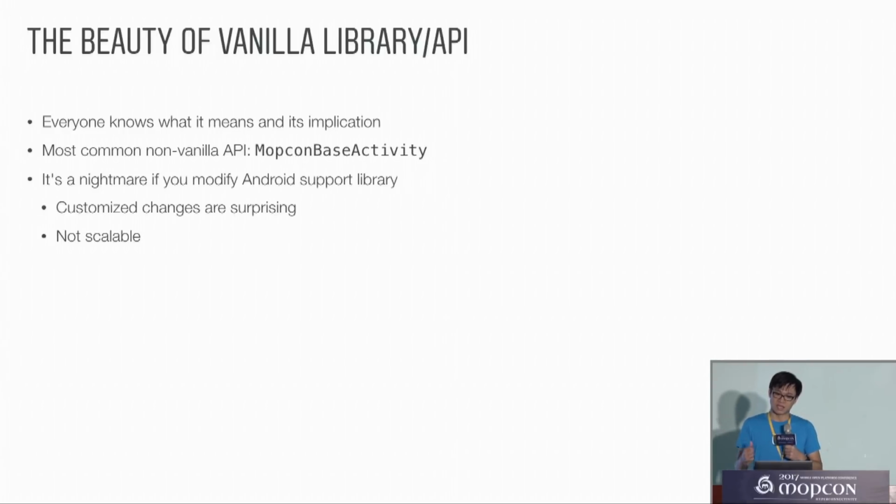And secondly, if you modify it, when there's a new version coming out, it's not easy to upgrade your support library, and you're stuck with a very old version of the support library, and usually you don't get the free bug fixes, you don't get the free functionality upgrades too. So it's not really scalable to modify the third-party library. So if you really need to add some functionality on top of a third-party library, try to write a wrapper around it, but try not to change it at all.